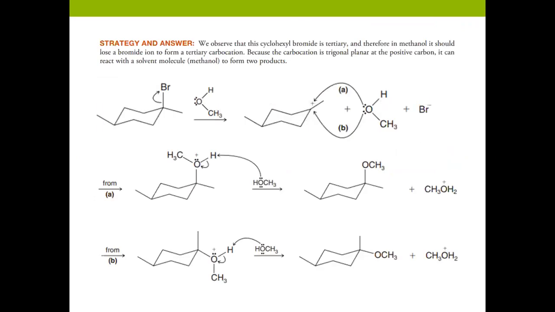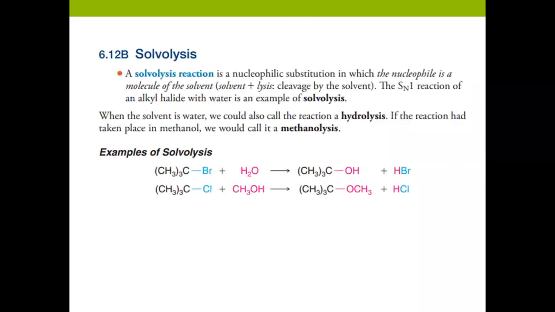Last time we talked about the solvolysis reaction. Solvolysis again is a nucleophilic substitution reaction in which the nucleophile is our solvent. So for example, here our nucleophile is H2O and it will substitute bromine to form your OH. Ethanol is also the solvent for this reaction, and it will be the one to attack the carbon here. So being a solvent and being the nucleophile, we call the reaction solvolysis.